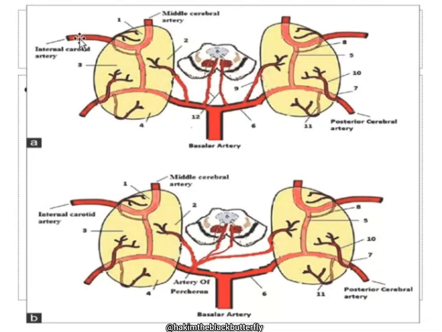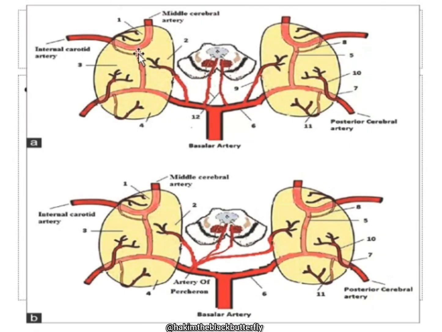So the internal carotid is going to enter the cranial cavity through the carotid canal, and when it reaches there, it's going to divide into what we call the middle cerebral artery, the posterior communicating artery, and you can see that the posterior communicating artery is meeting the posterior cerebral. And then the other one, which is not shown, is known as the anterior cerebral artery.